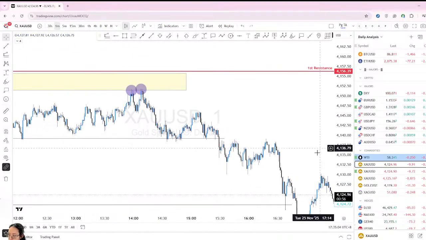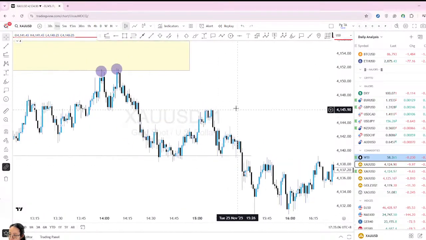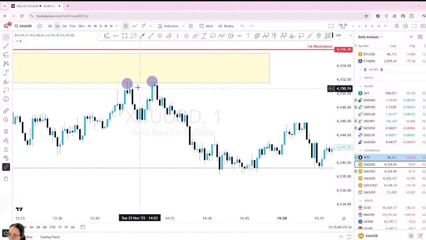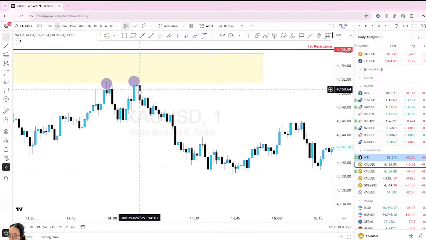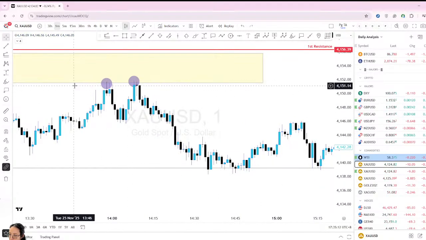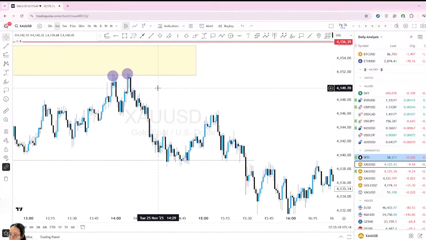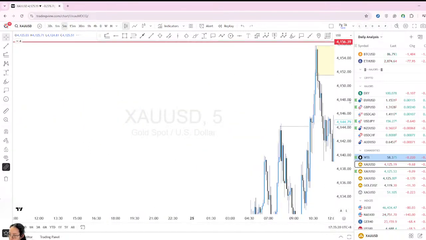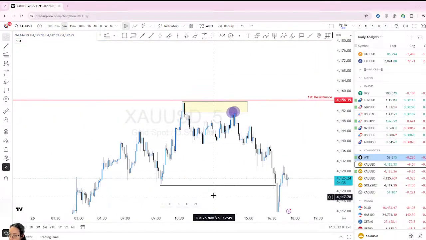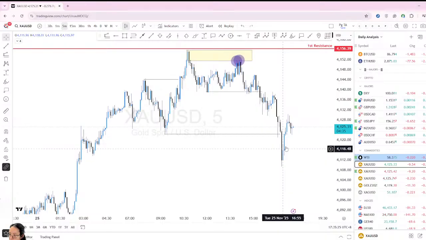Right here, plus double top, rejection, rejection, right? You can see the rejection, and all the bodies close below the OB in the M5. And why did price bounce off from this level?